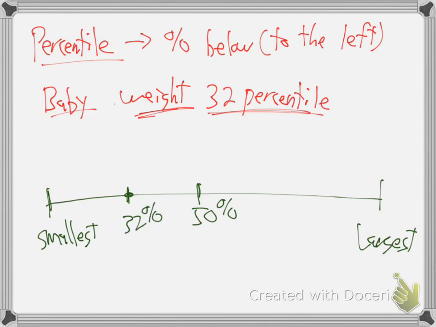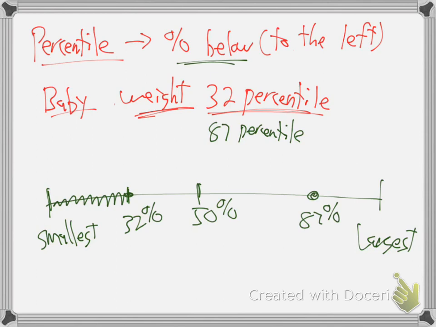That's what that means. Do you see why I said percent below? That means 32% of all the babies are lighter than your baby. That's what percentile means. It's a ranking system. If your baby's at the 87 percentile, then your baby's up here, a big baby, and 87% of all babies weigh less than your baby.